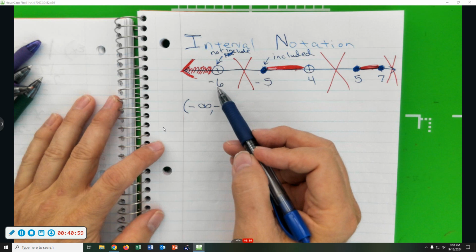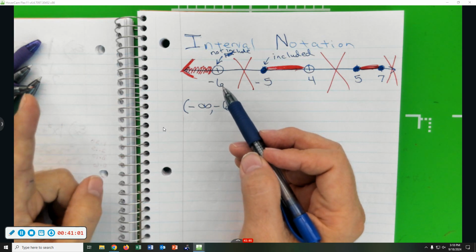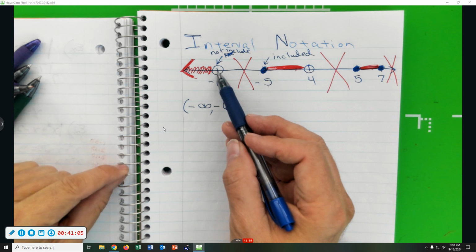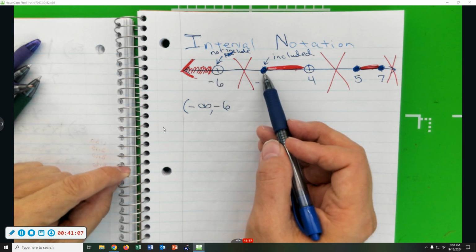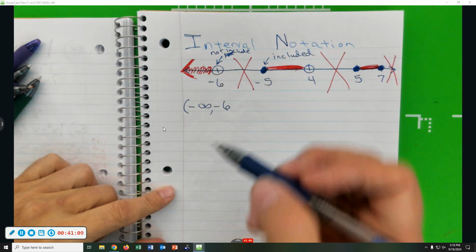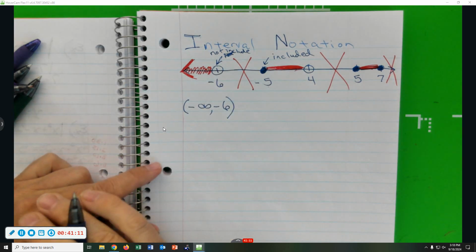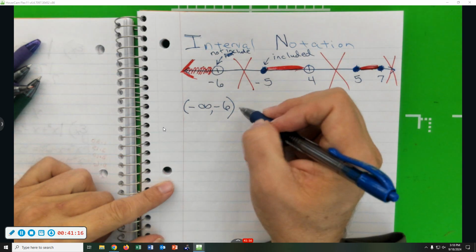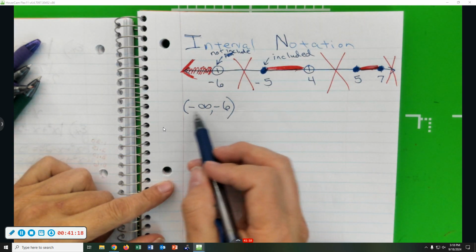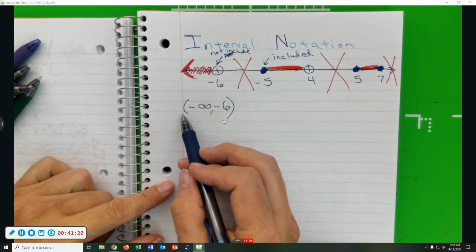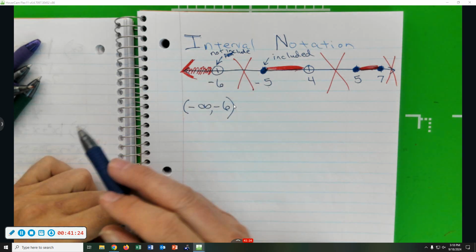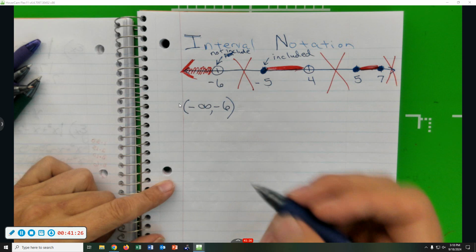At the cut points, there'll either be rectangular brackets or parentheses based on whether the cut points are open or closed. If it's open, you'll follow that number up with a parenthesis. This is saying all the numbers to the left of -6, not including -6, and not including infinity.